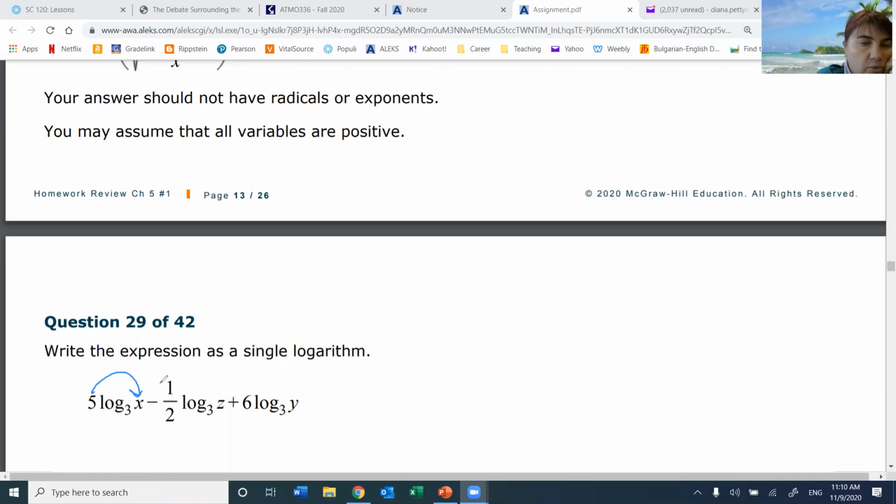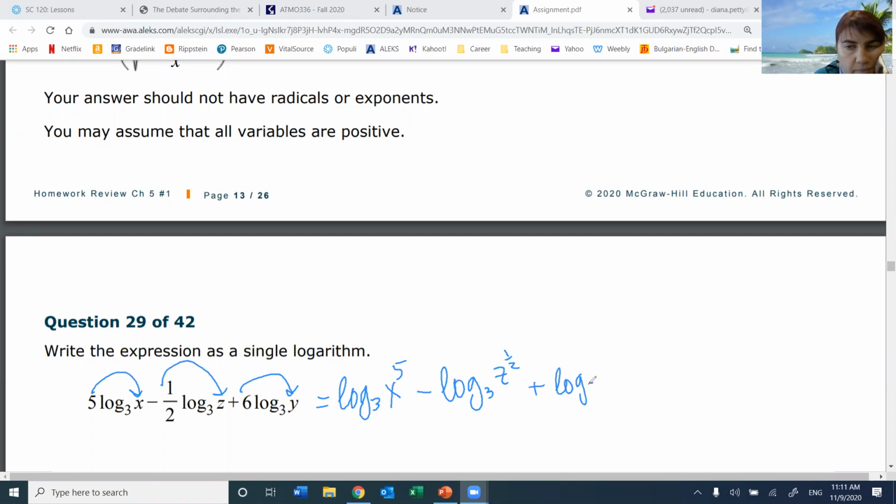The exponents need to go inside. And then you have to combine them. Okay.